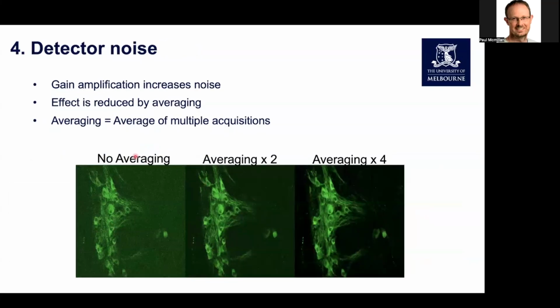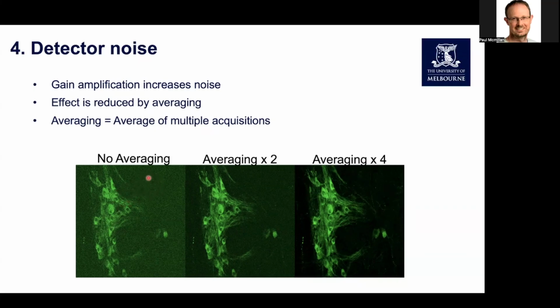I mentioned the issue with gain, amplifying up your signal. So here maybe we've got a very faint signal that we've had to either image with not enough laser to reduce photobleaching, so our signal to noise isn't very good, or we've had to amplify up using gain.